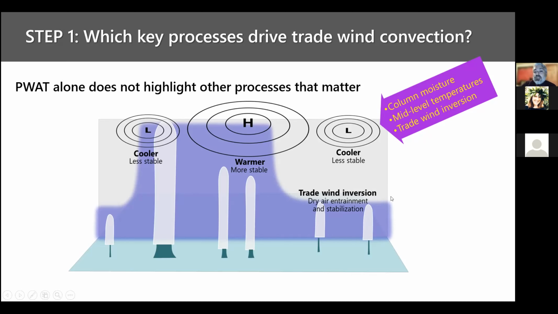So what do we have in the tropics? In the tropics, we have the trade wind inversion, which is a very dominant feature that plays an important role in regulating convection. And also, especially once you move toward the edges of the equatorial region, like where Hawaii is, the Hawaiian latitudes and latitudes of the Caribbean, you do get a lot of upper trough and warm ridge variability in the middle troposphere, and that will also play a role.